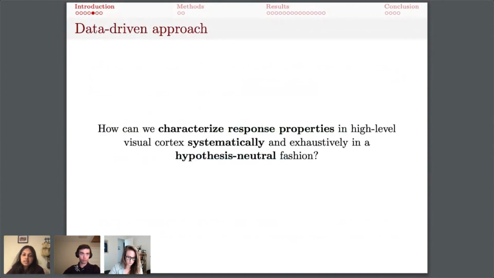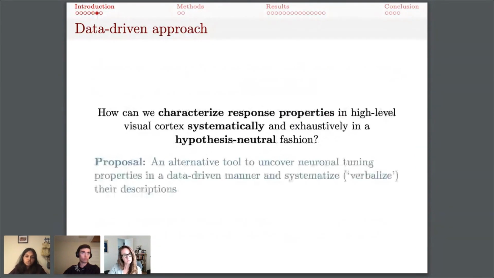So in this study, we ask: how can we characterize response properties in the high-level visual cortex systematically and hopefully exhaustively in a hypothesis-neutral, or less hypothesis-committed, fashion? One hypothesis-neutral approach, which we propose to use in this study, is response optimization, that is, fitting model parameters of a neural network to reproduce the measured stimulus-response relationship directly.